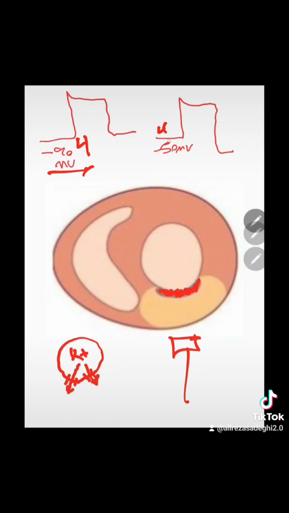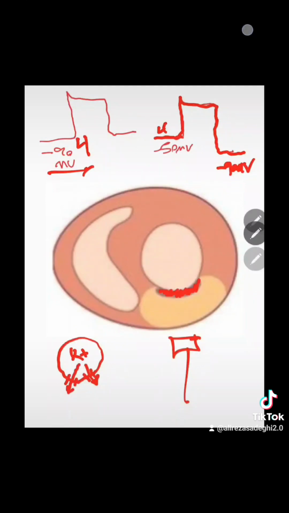So what this does is that it brings up the beginning of your QRS complex. Now, once the rest of the ventricle depolarizes, everything goes back to normal, to where it should have been, which was negative 90 millivolts.